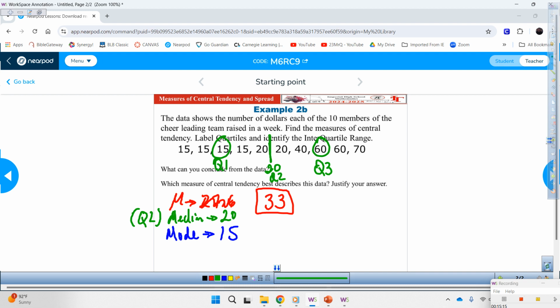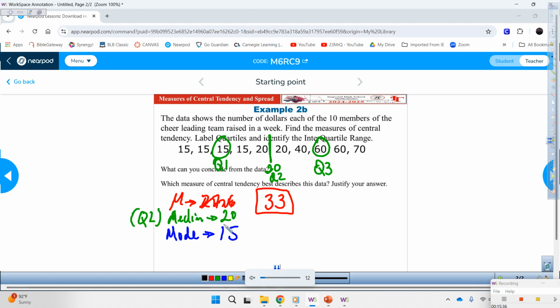Looks like Carissa's got it. Very good, Carissa. Darian got it. Very good. Dulce's got it. Very good, Dulce. All right, let's see. How about Matthew? Which measure do you think you're going to use? The mean, the median, or the mode?